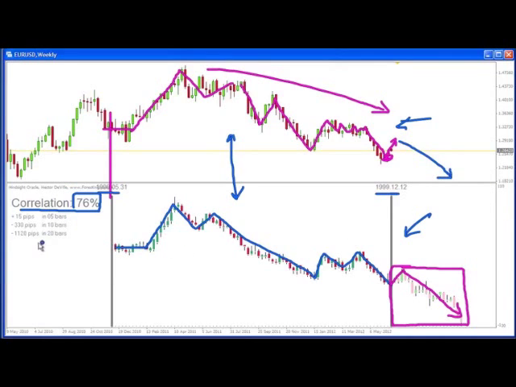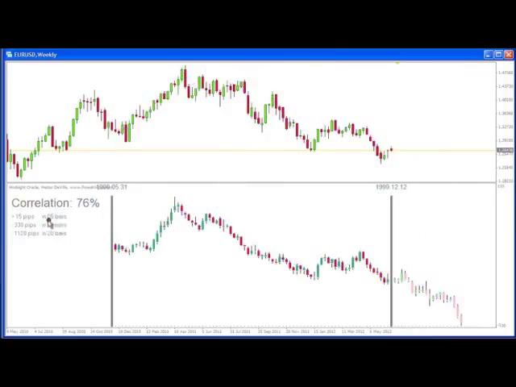And moreover, just as before, it gives us the prediction for the next 5, 10, and 20 bars. For the next 5 bars, price will hardly sit at plus 15 pips, meaning 15 pips above current market price due to that little retracement.